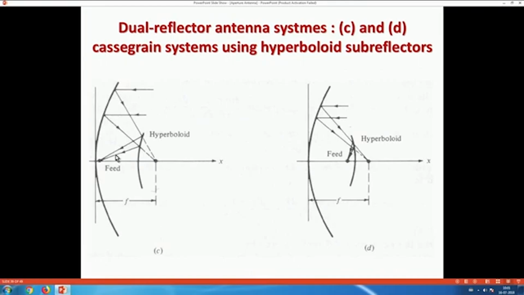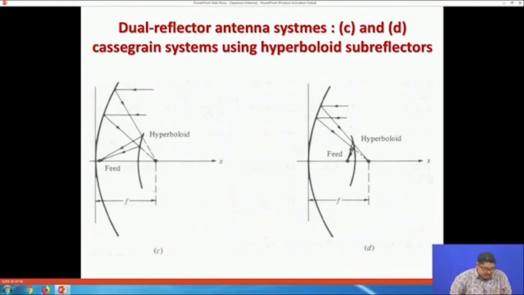So, the feed is in a convenient position, with reduction of spillover and minor lobe loss. Now, capability for scanning or broadening the beam can be obtained by moving one of the reflectors. So, this is another thing, that you have more play, because where you will put the subreflector or the paraboloid reflector, since you have two things, your play is more.